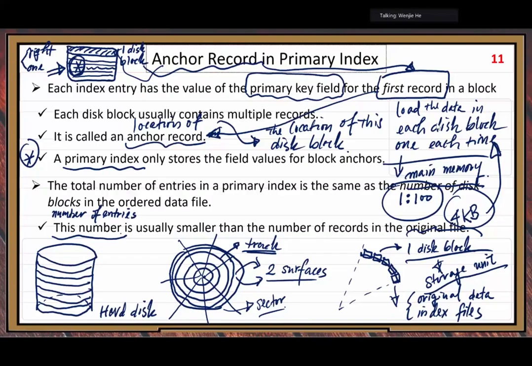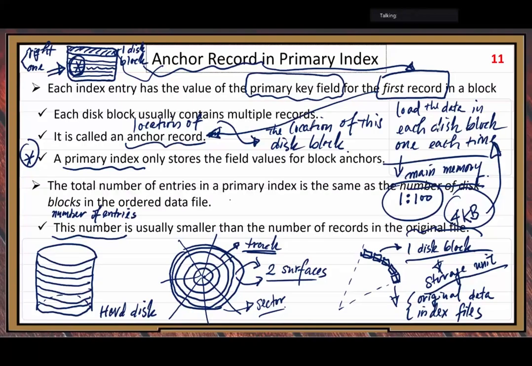In that way, we make the number of index entries in the primary index much, much smaller. So here you can see why, if you can use the primary index, then you should use it, because there are two improvements here.